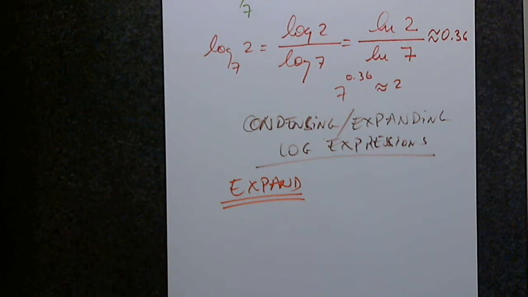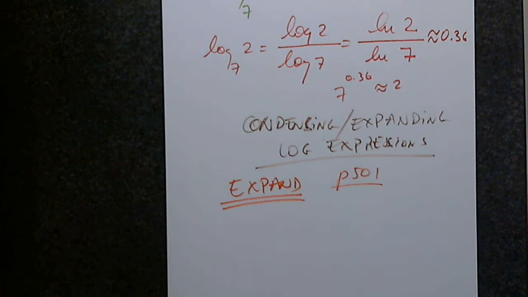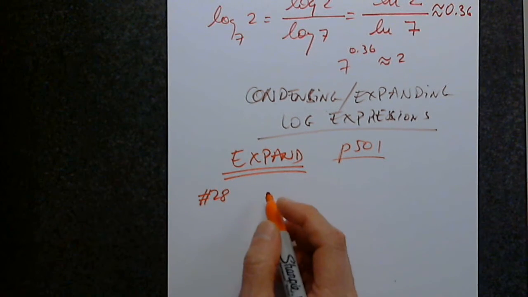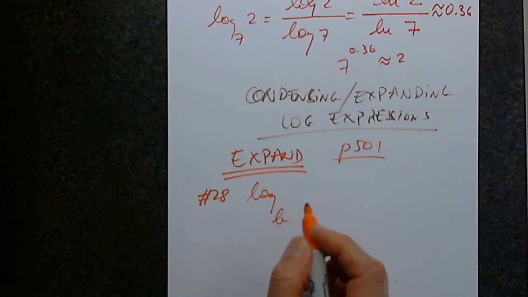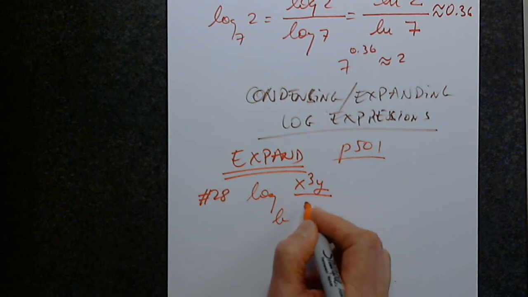We're expanding log expressions. Page 501. I'll choose the first one and then you choose the next. I'm going to choose 28 on 501. Log, base b they say, x cubed y divided by z squared.